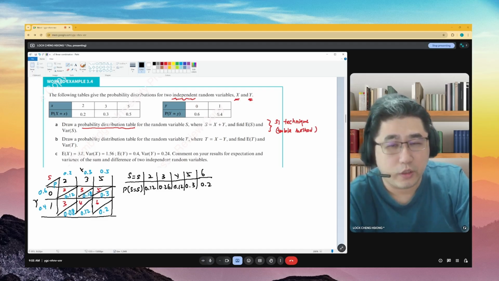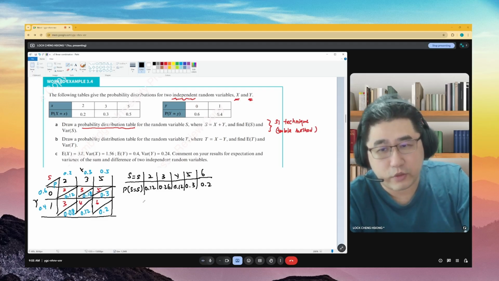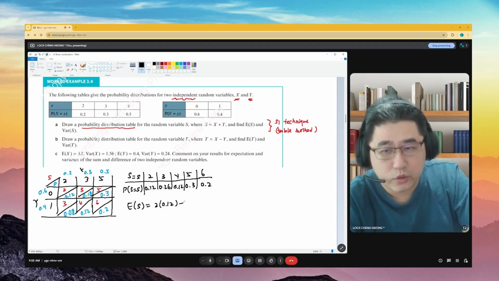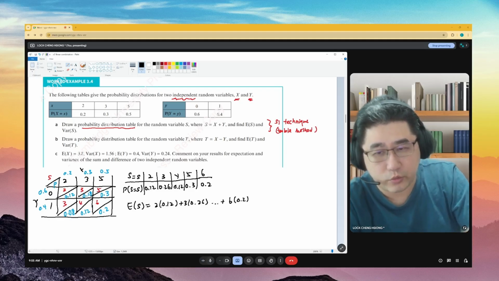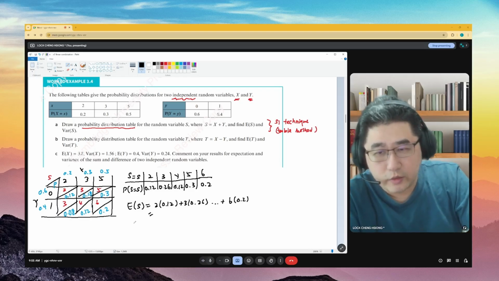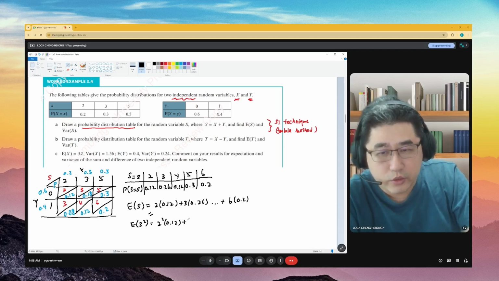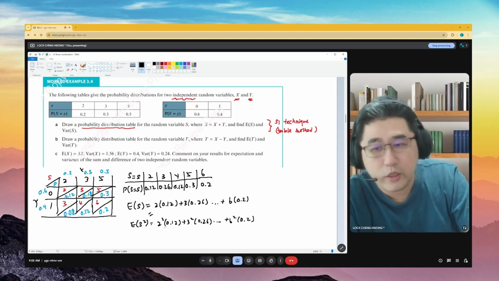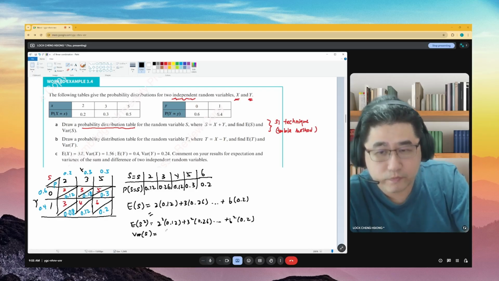In the end, they still want us to calculate E(S) and the variance of S. So E(S) is 2 times 0.12, 3 times 0.26, all the way to 6 times 0.2. Then the expected value of S squared is 2 squared times 0.12 plus 3 squared times 0.26, and so on, up to 6 squared times 0.2. In the end, the variance of S equals E(S squared) minus E(S) the whole thing squared.